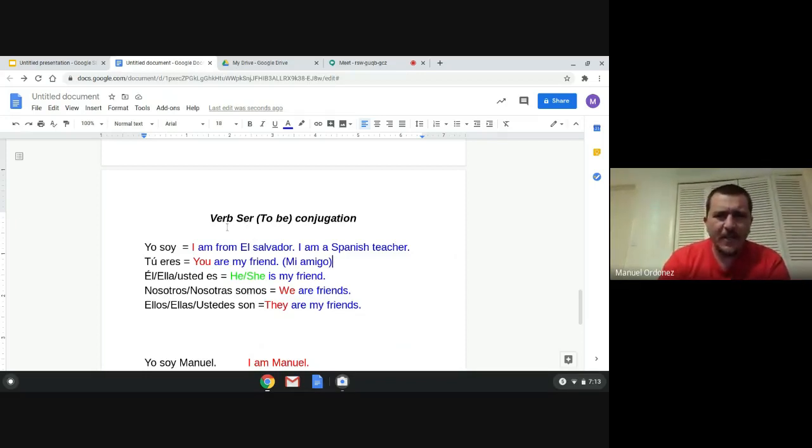So soy is am, eres is are, es is is, somos is are, and ellos, ellas, ustedes son are as well. Excellent. So this is the conjugation of the verb ser, which in English is the verb to be.